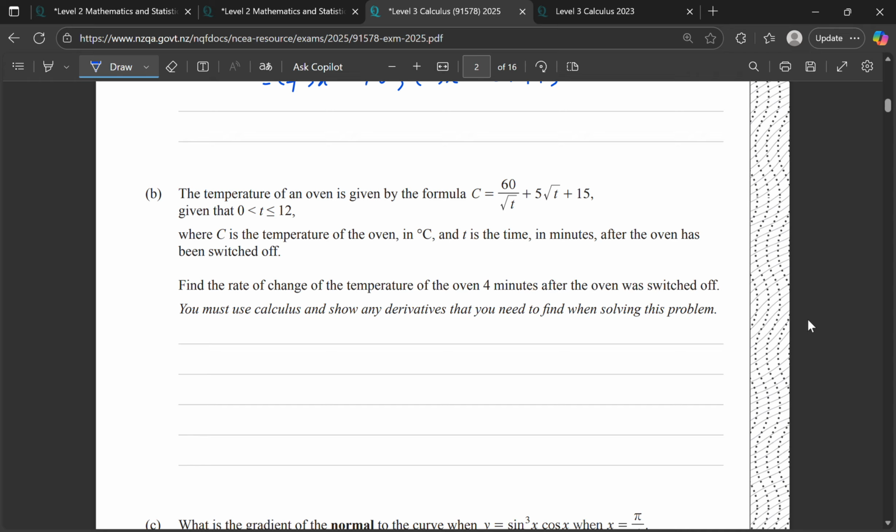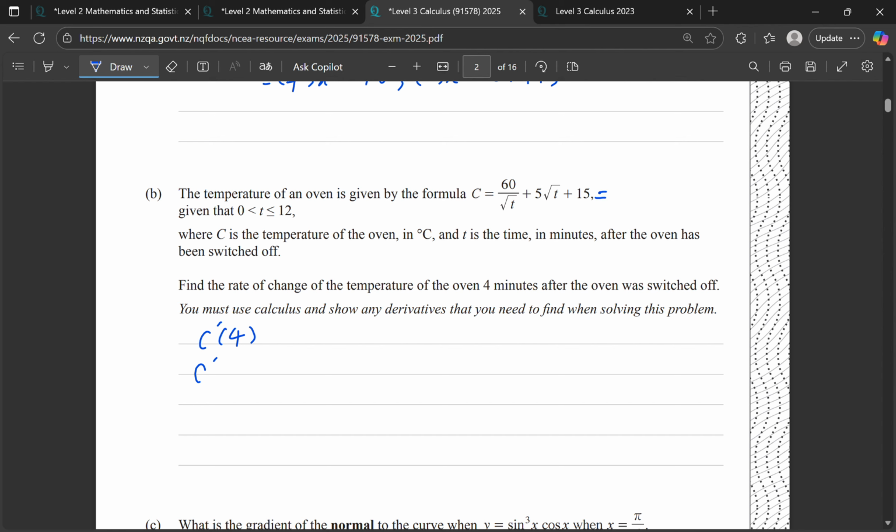So what we have to do is find C prime and then plug in 4, isn't it? First of all, C prime is dC/dt.